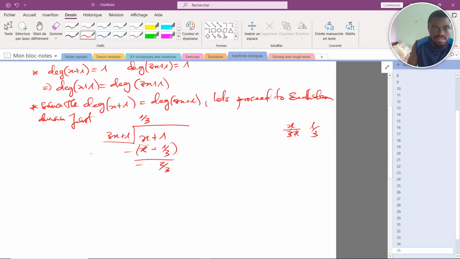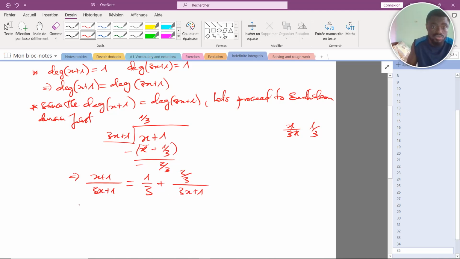So basically I'll write back as I said. This implies x plus 1 all over 3x plus 1 will be equal to the quotient 1/3 plus the remainder 2 on 3 all over the divisor, so 3x plus 1.